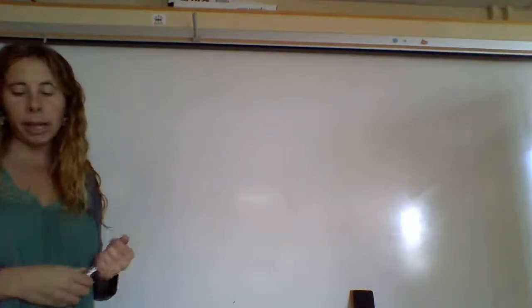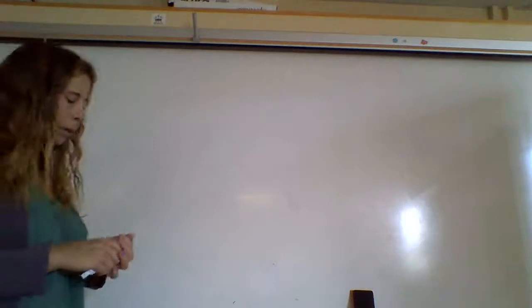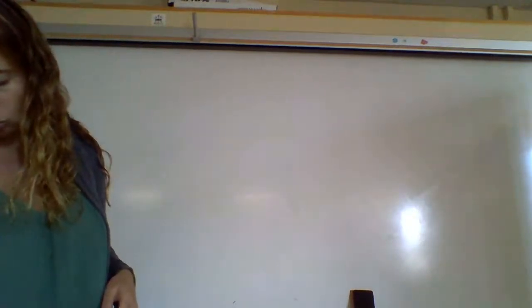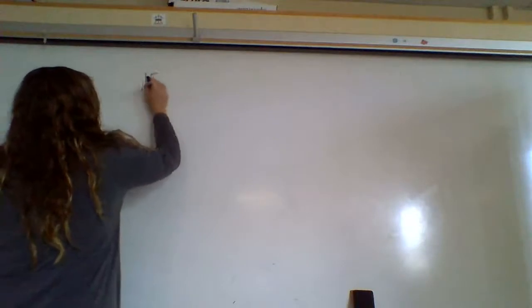Okay, I posted exponent rules on Canvas because 15 through 20, you need to know your exponent rules. Let's just look at 15 real quick, and then I'll show you the actual rules. So 15.